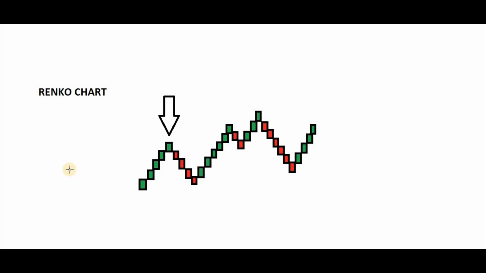Till here the green blocks have been occurring, and this type of chart eliminates the minor movements that have been occurring in the chart. So if you choose to see this chart, you can use it for seeing whether the movement is up or down, and based on that you can know what is happening in the market.